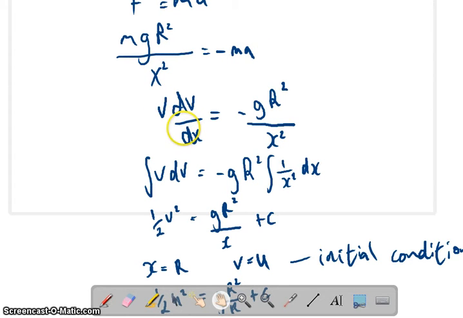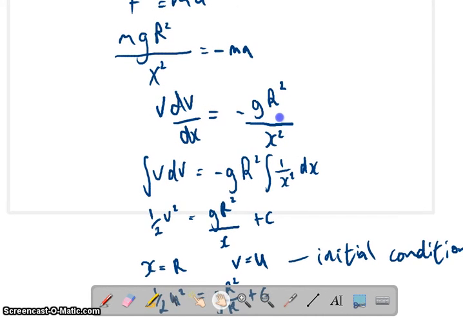So if we separate the variables here, we've got v dv, so we've got everything in terms of v this side, and we've got everything in terms of x this side once they're separated. Now these two will be constants. So if we keep these as constants, then we can integrate. The integral here becomes half v squared, and the integral here changes to a minus 1 over x, which cancels with that minus, and just leaves you with a g r squared over x term.